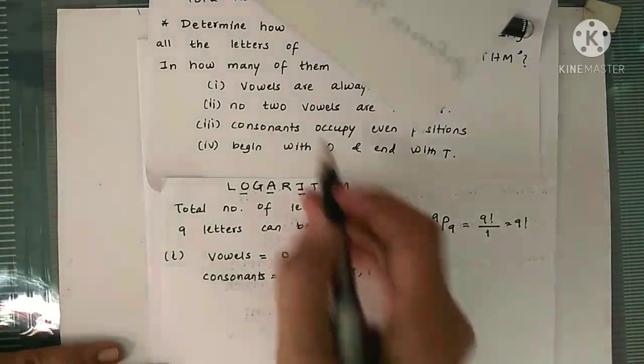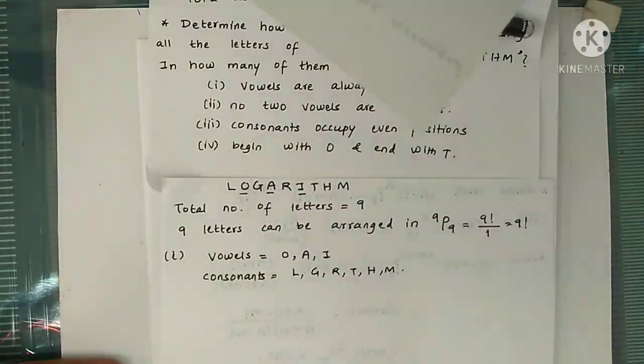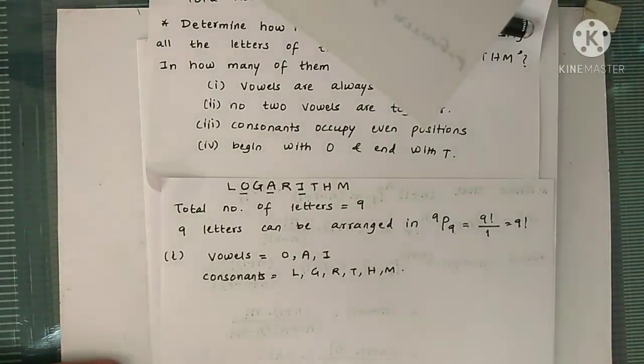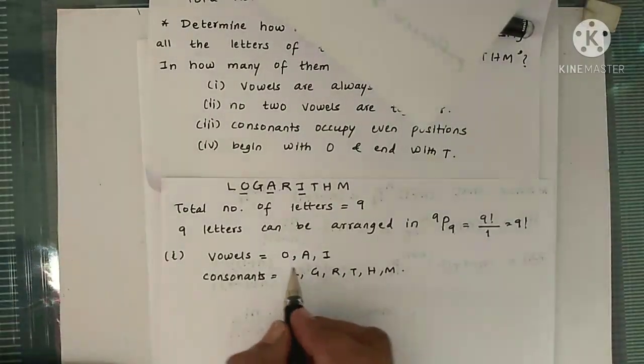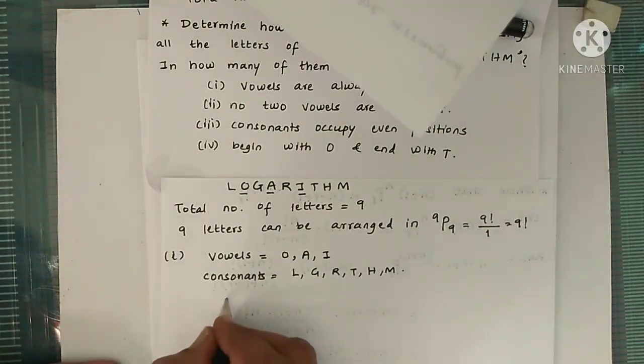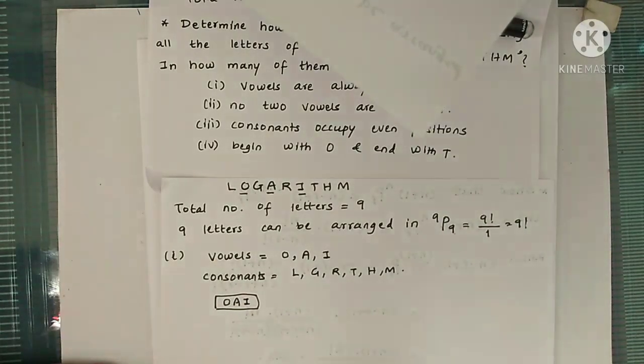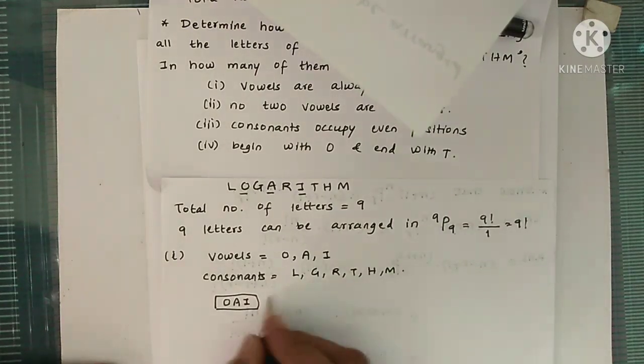Now what we want is that the vowels are always together. As in the previous question, whenever we want some objects to be together, we consider them as one object. So let's consider O, A, I together as one object, and we have 6 consonants.